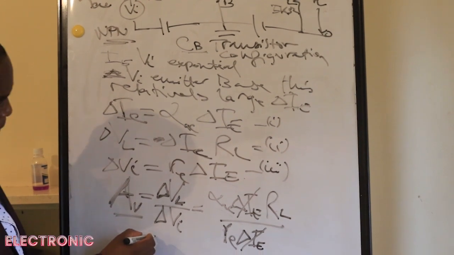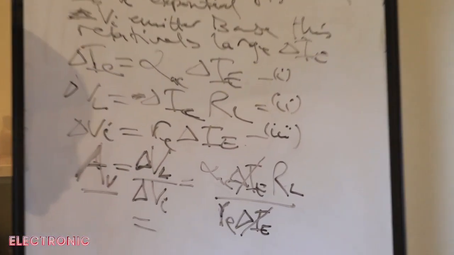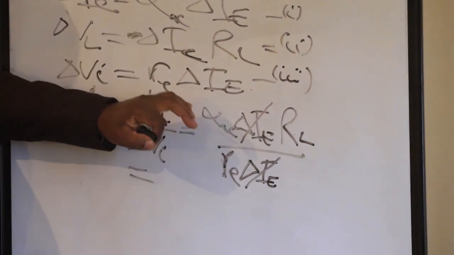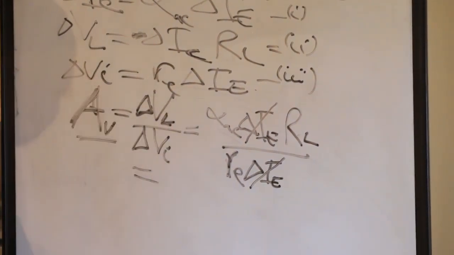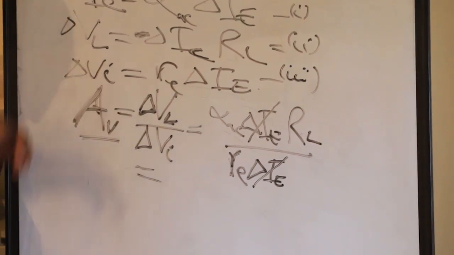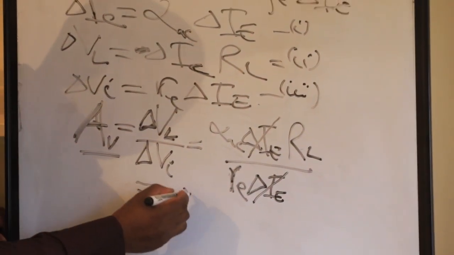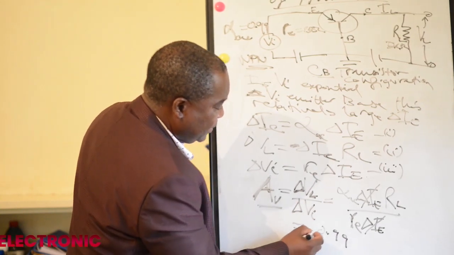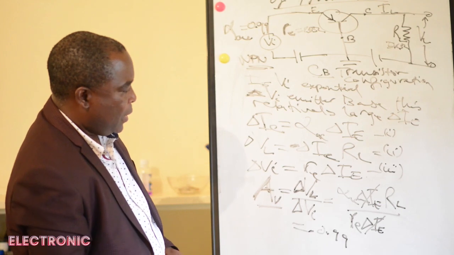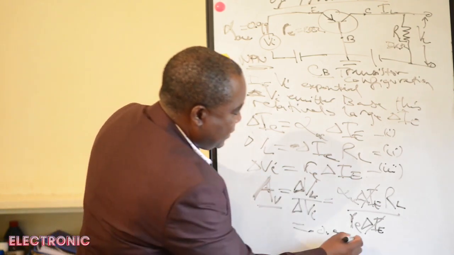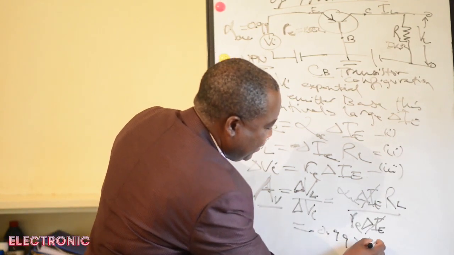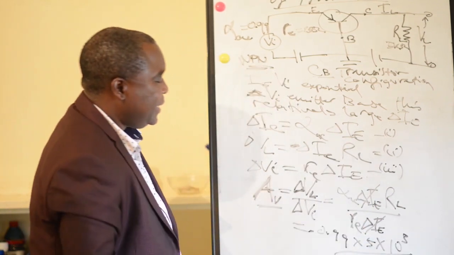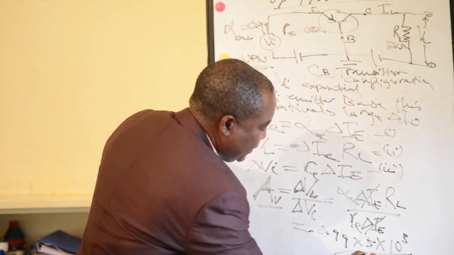So let's put our values here. This is the voltage amplification. Our alpha, which is the large current gain, is 0.99. This is negative from the equation. And our RL is 5 kilo ohms, that means 5 times 10 to the power 3, over RE, which is 25 ohms.